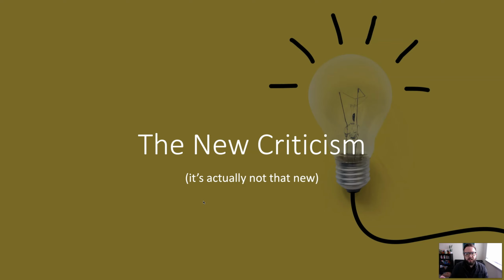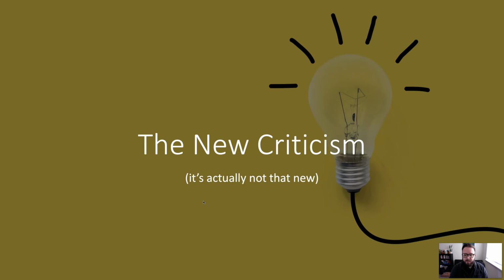Welcome to this mini lecture on the first of our critical approaches that we are going to be learning about and applying, and really using as a way to examine the literature that we read this semester. The new criticism. It's an offshoot of the School of Formalism, which we'll talk about. And the funny thing is, it's actually not that new.